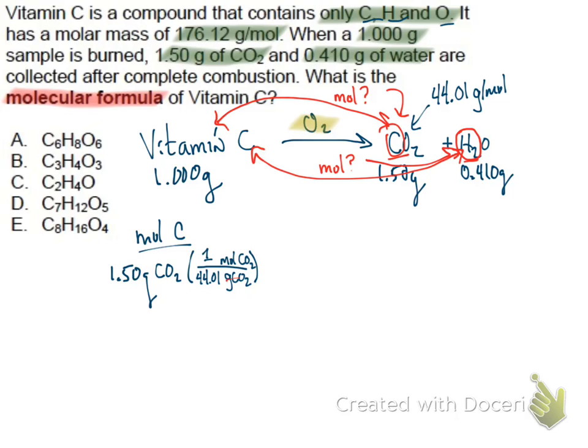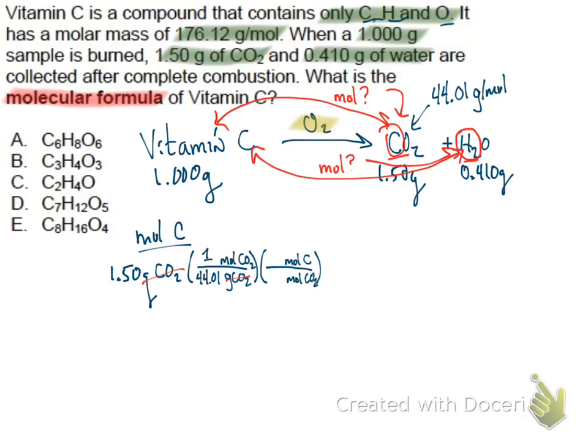What that gives us then is something in terms of moles of CO2. We need, though, moles of carbon. So let's convert from CO2 to carbon. We can put moles of CO2 on the bottom and then moles of carbon up top.